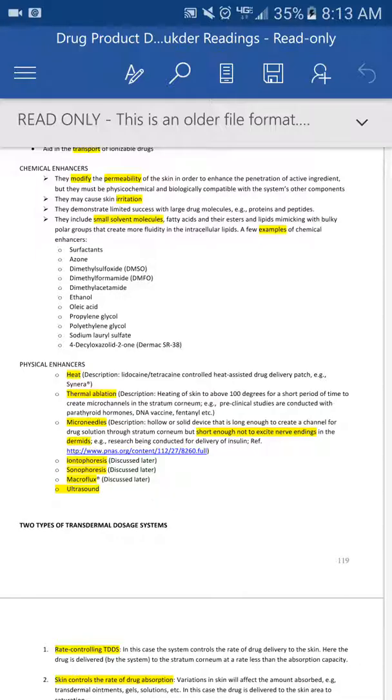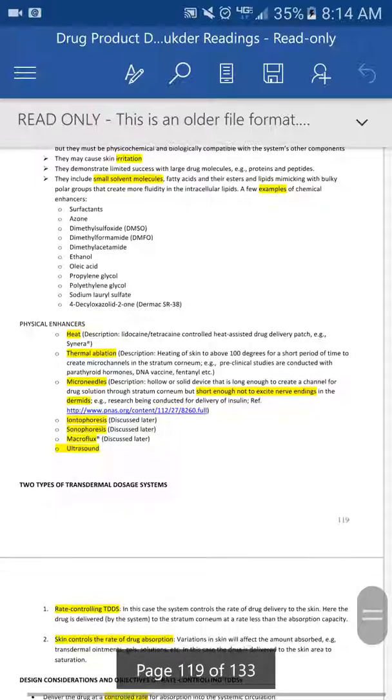So these modify the permeability of the skin in order to enhance the penetrative action of the active ingredient. They must be physically, chemically, and biologically compatible with the system or other components. They may cause skin irritation. They demonstrate limited success with large drug molecules like proteins and peptides, so they don't really help you get those in there.